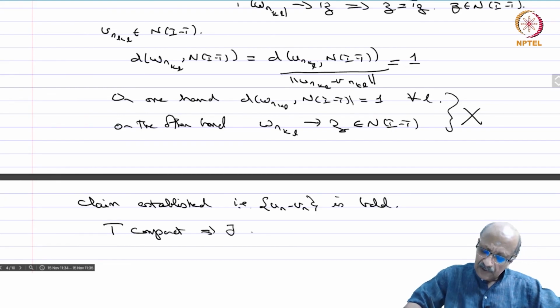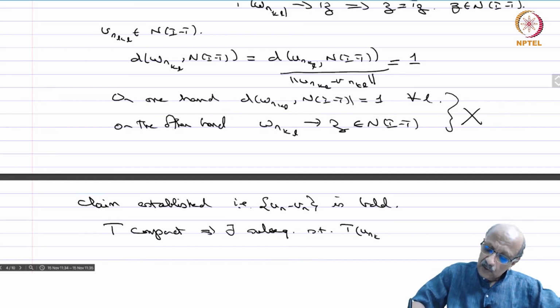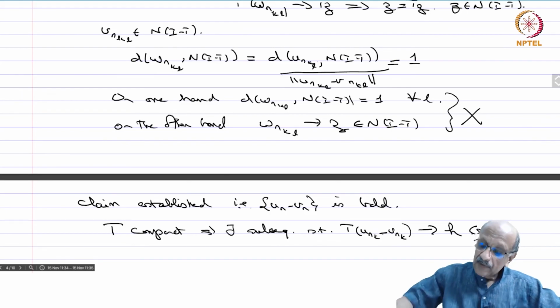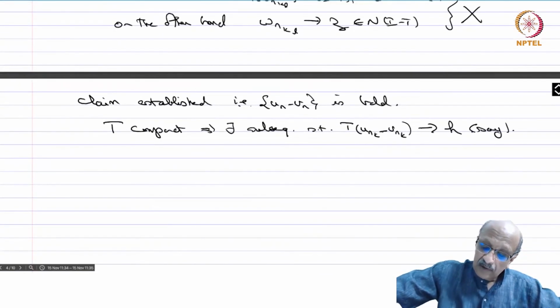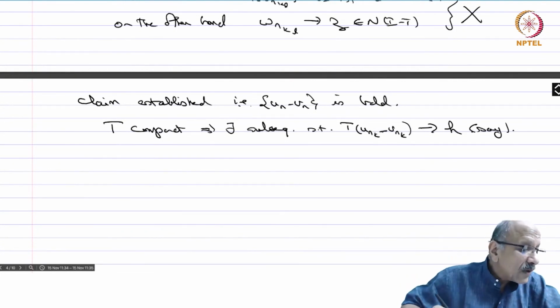So T is compact, which implies there exists a subsequence such that T of Unk minus Vnk converges to some, say, G. Because T is compact, given a bounded sequence, you have a convergent subsequence.